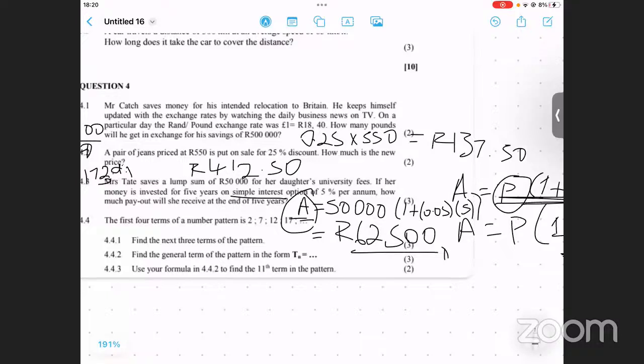The interest she will receive is 62,500 minus 50,000. In case they ask what the interest is, you take the amount at the end of the period minus the amount at the beginning of the period, and the difference is the interest earned.